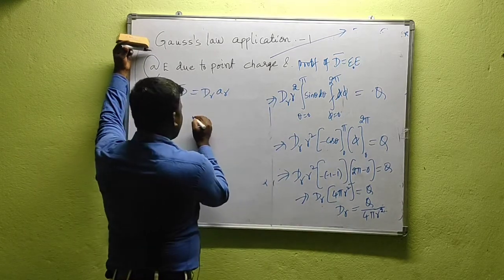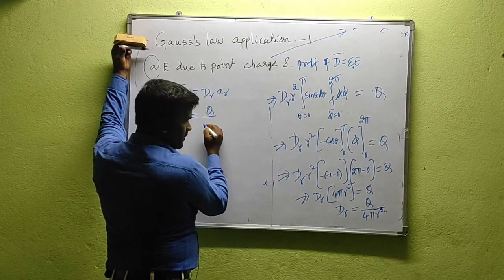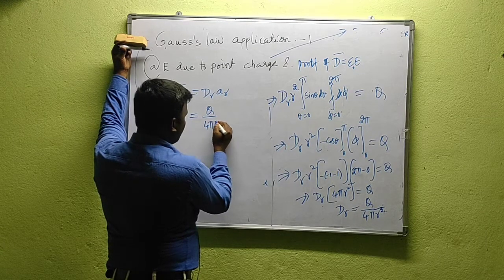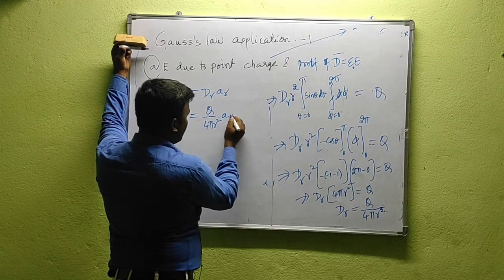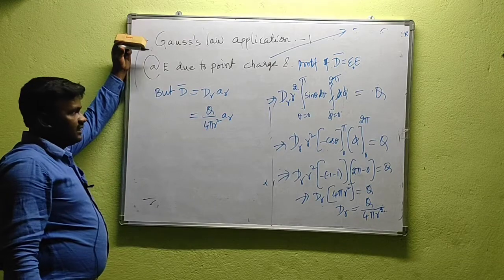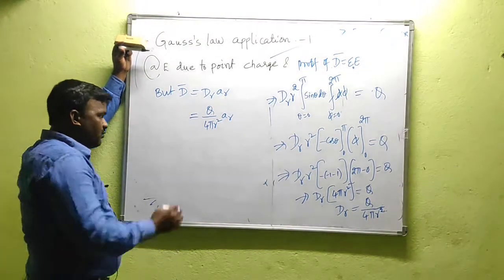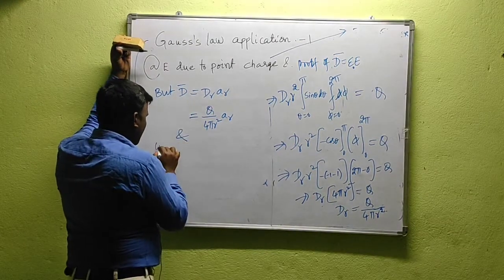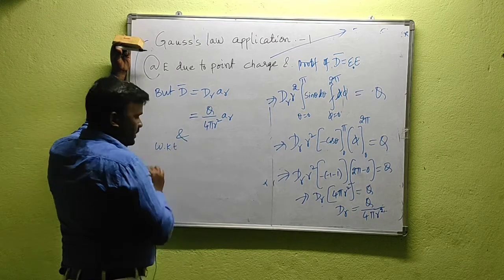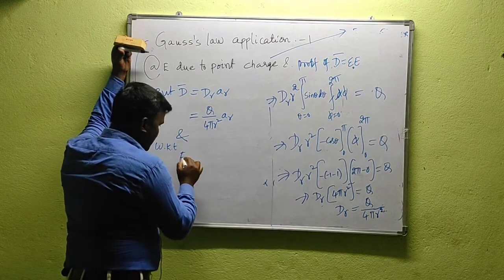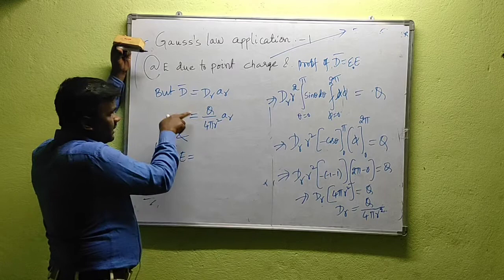This one. Let us substitute D_r here, that is Q by 4 pi r squared, Q by 4 pi r squared into a_r. And we know that E equal to what? For a point charge, it is D due to the point charge.